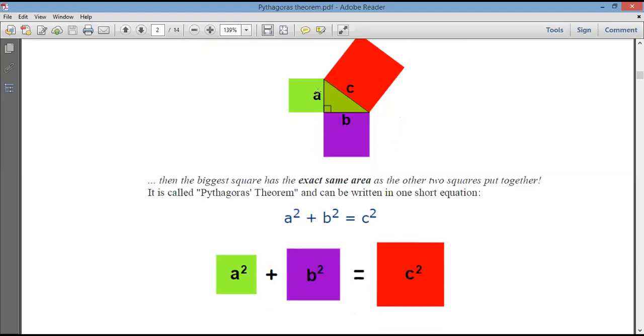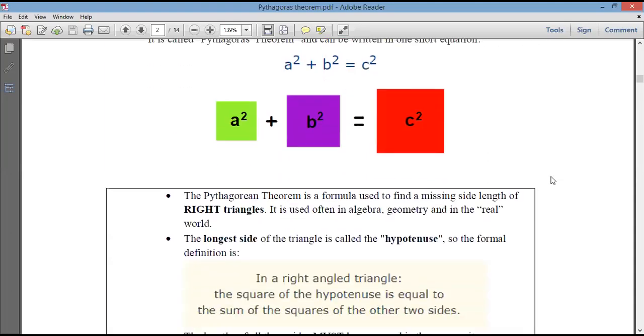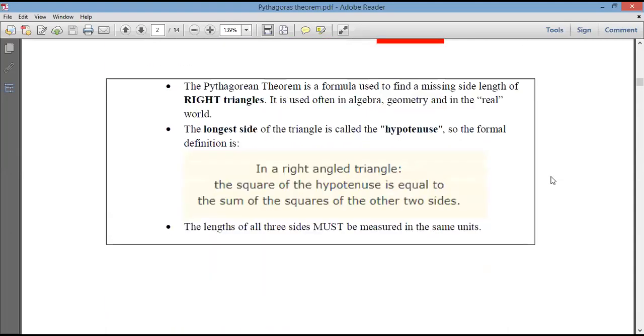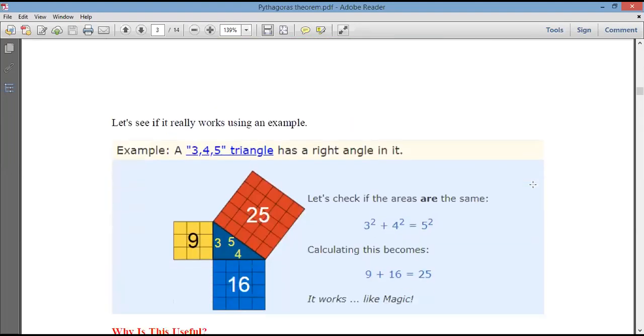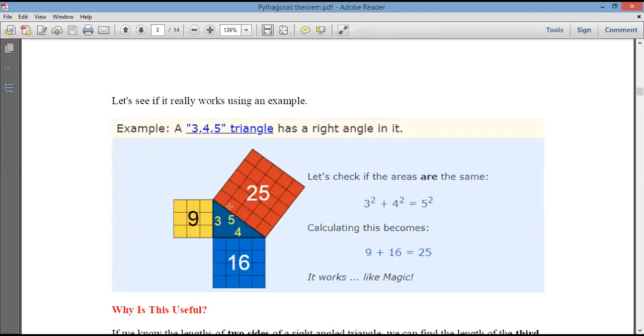So you can use this to prove something about the hypotenuse of a right angle triangle. So what is the hypotenuse? Before we look at the hypotenuse, let's check whether this is true. Look at this example.